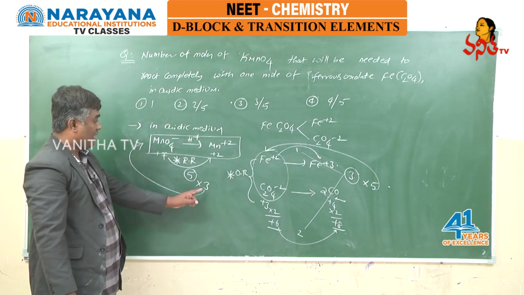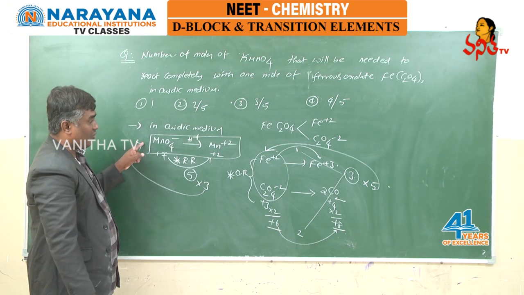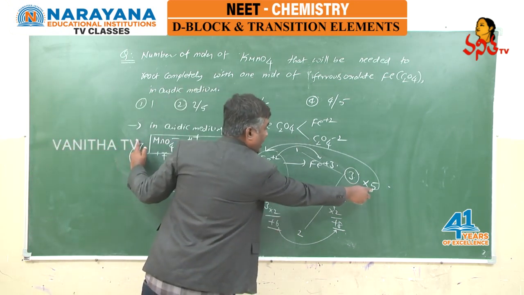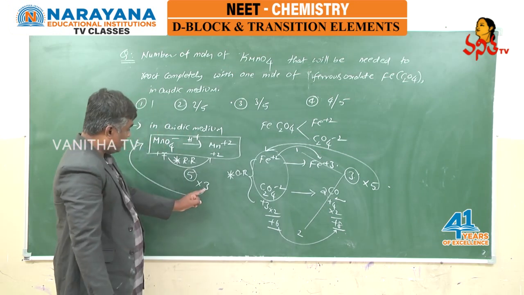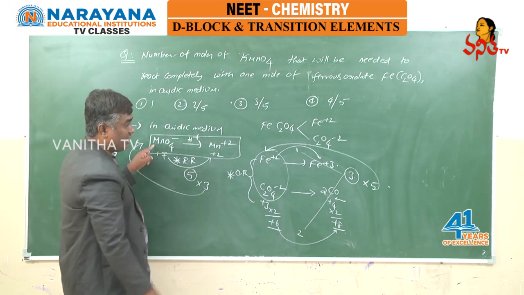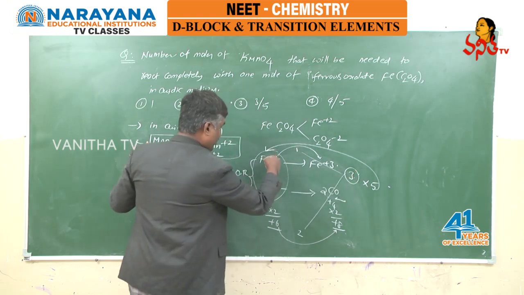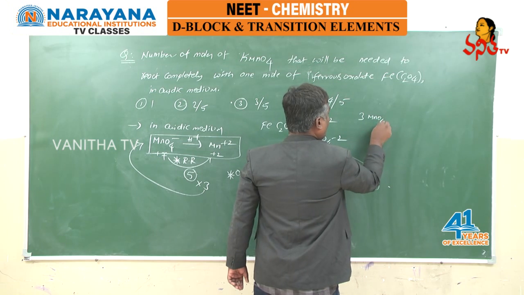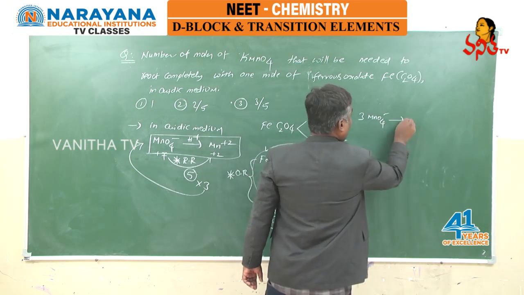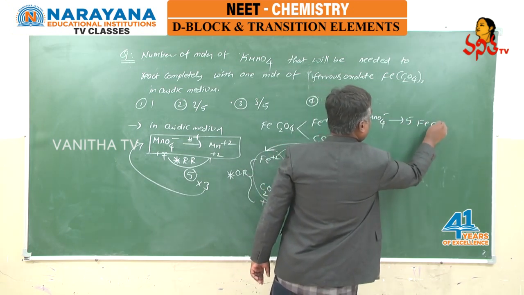So 3 moles of MnO4 minus can interact with 5 moles of ferrous oxalate. I repeat once again, 3 moles of MnO4 minus can react with 5 moles of ferrous oxalate.